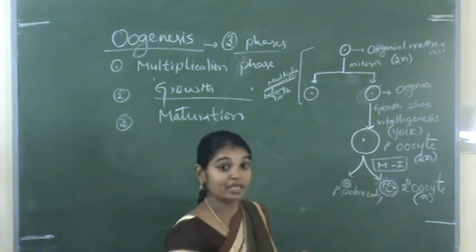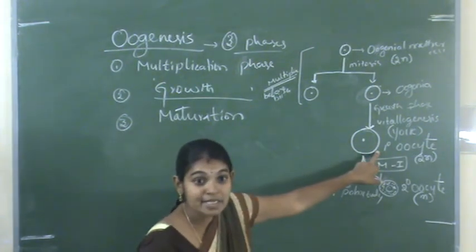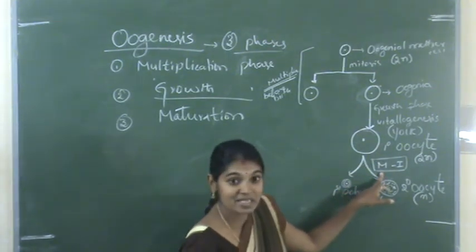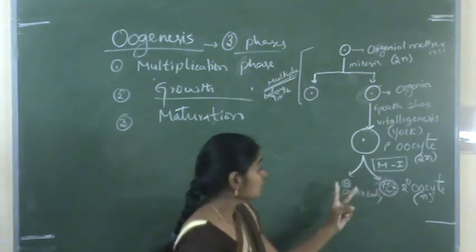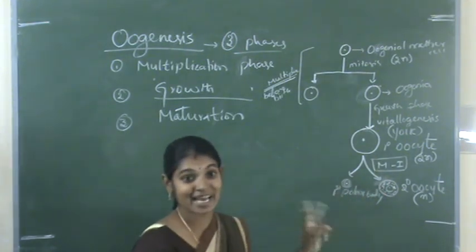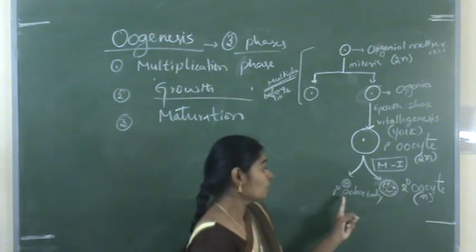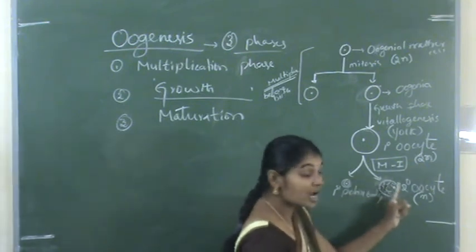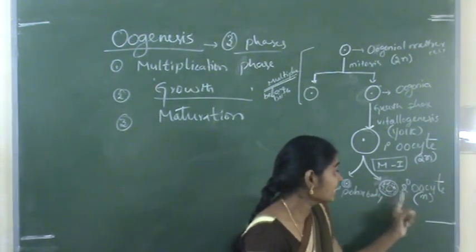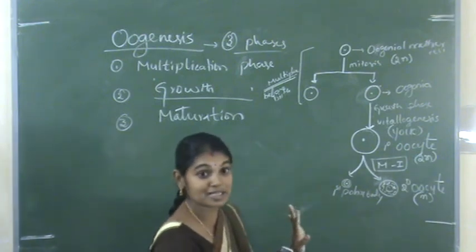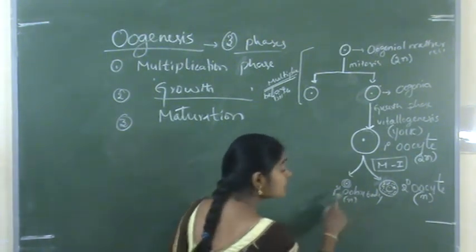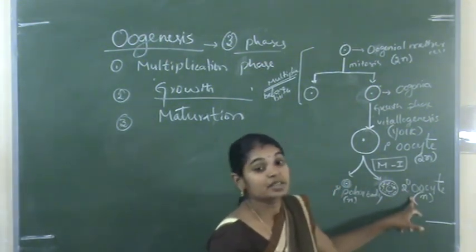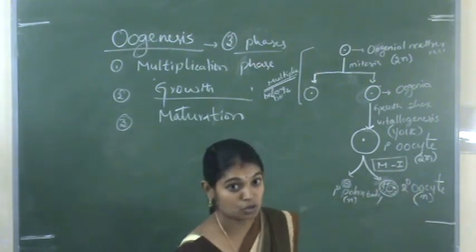In simple words, the primary oocyte undergoes meiosis 1, and as a result, two unequal sized cells are formed. One is the first polar body, which is the smaller cell, and the larger cell is known as the secondary oocyte. Both cells are haploid. This polar body is haploid, and this also contains the haploid number of chromosomes.